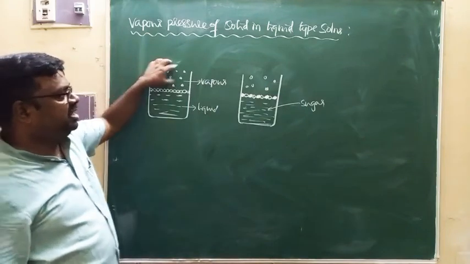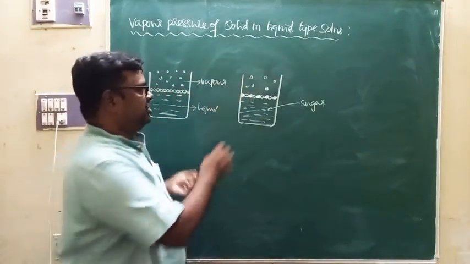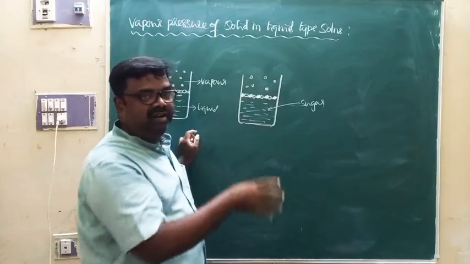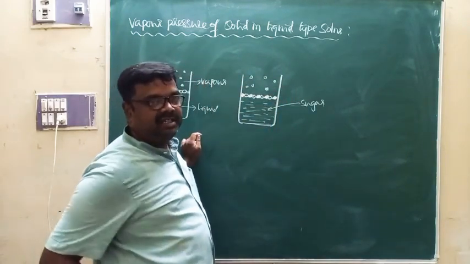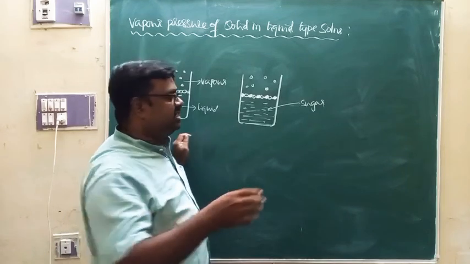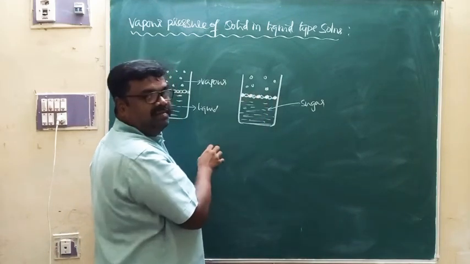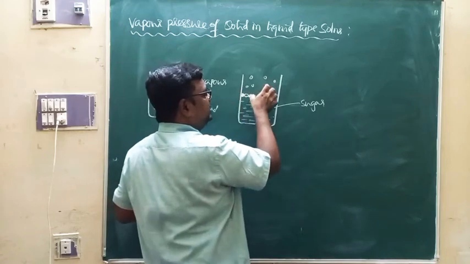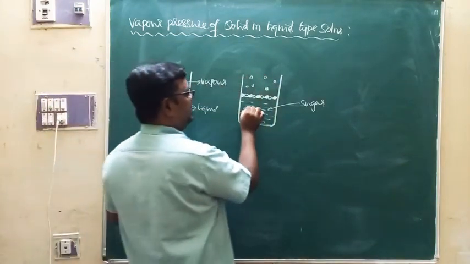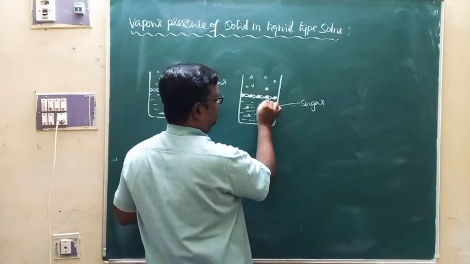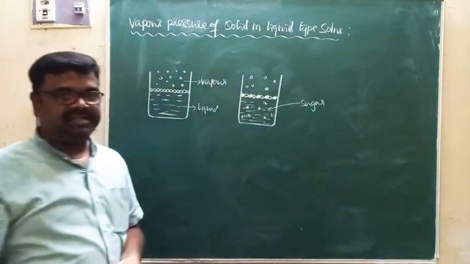Because the added sugar particles are non-volatile, they cover the surface of water, and that results in a decrease in the vapor pressure of water due to the presence of sugar particles at the surface of the liquid. Sugar particles are at the surface as well as in the solution.